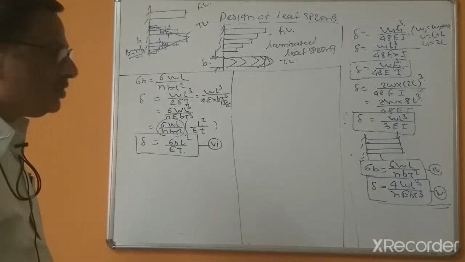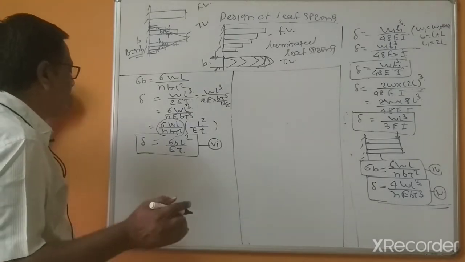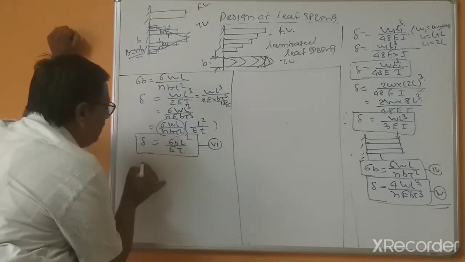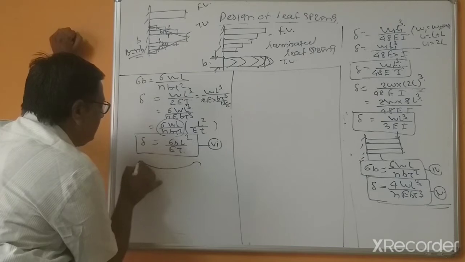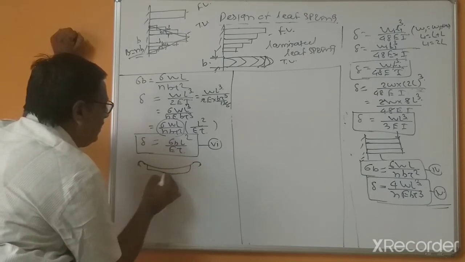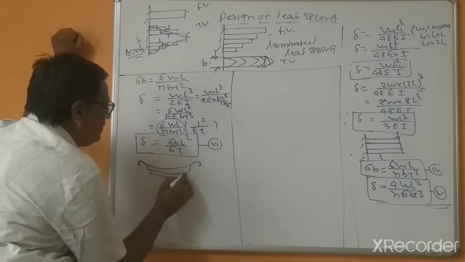Now, as you know, in leaf springs, this is the master leaf spring and the others are the graduated springs.